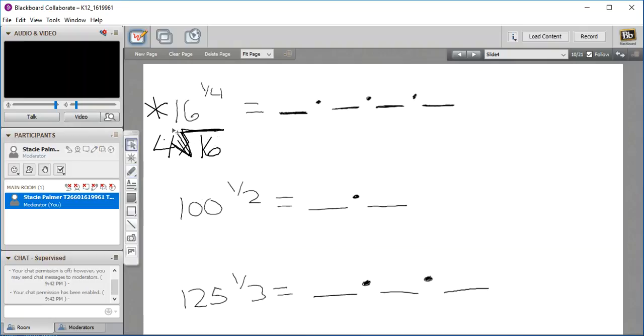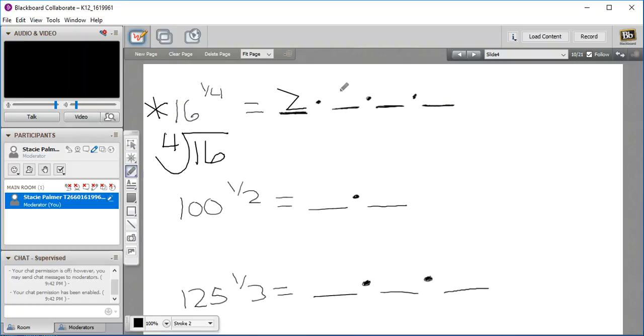Okay, let me go ahead and this should be written a little smaller. There's like a little teeny 4 here. There we go. That looks better. Okay, so 16 to the 1/4 power, and the fourth root of 16. This is asking the same thing. It's asking, what do we multiply by itself 4 times to get to 16?